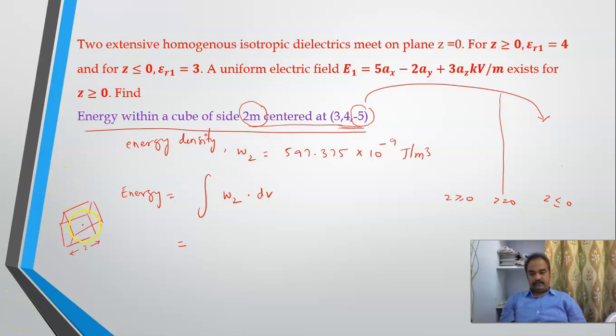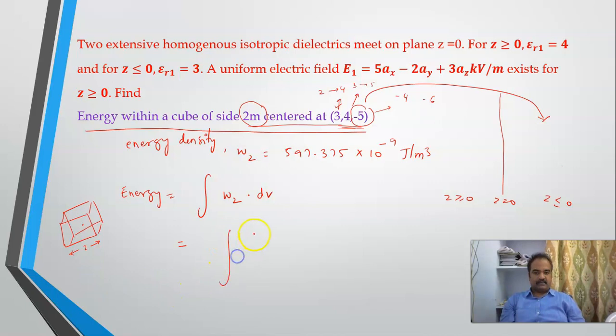You know that every vertex is basically equidistant from the center. So if this point is 3, 4, minus 5, then x will be varying from 2 to 4, right? Y will be varying from 3 to 5, whereas z will be varying from minus 4 to minus 6, isn't it?